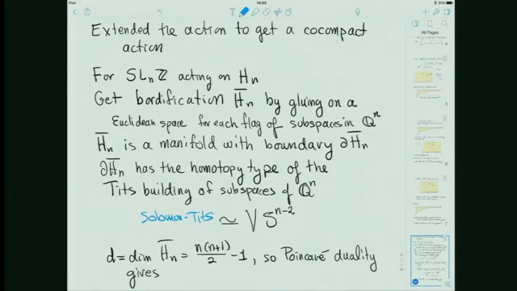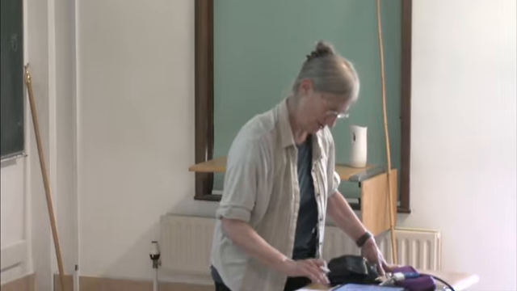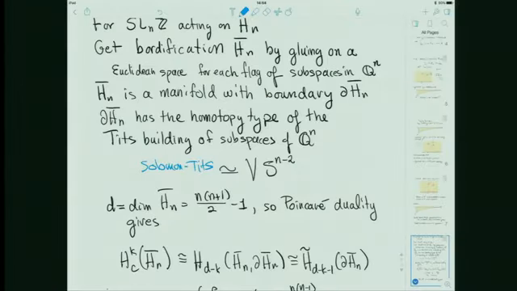H_n bar is a manifold with boundary. Poincaré-Lefschetz duality looks slightly different for manifolds with boundary, but not too much different. You still have the duality between cohomology with compact supports and homology, but now you have to look at homology relative to the boundary. But in our case, the symmetric space is contractible.